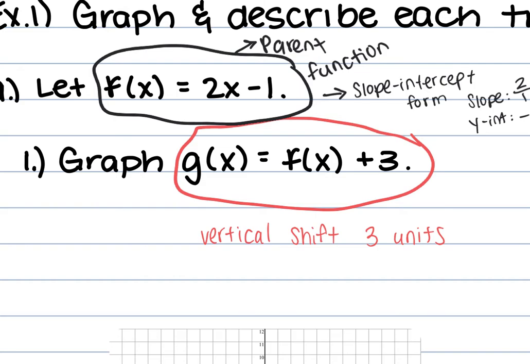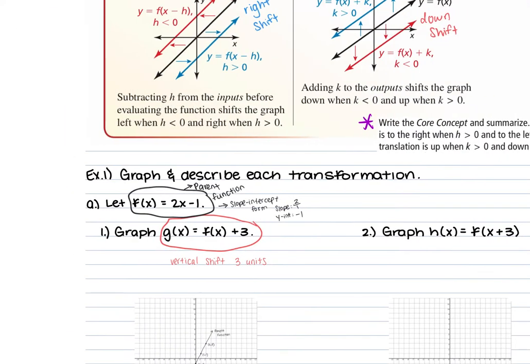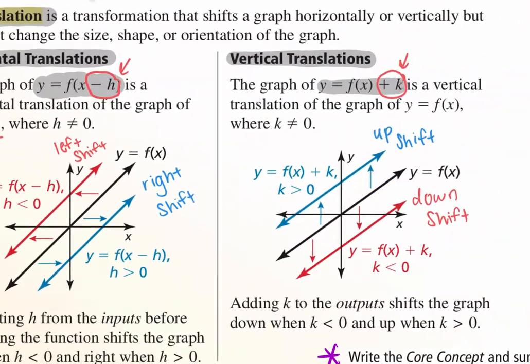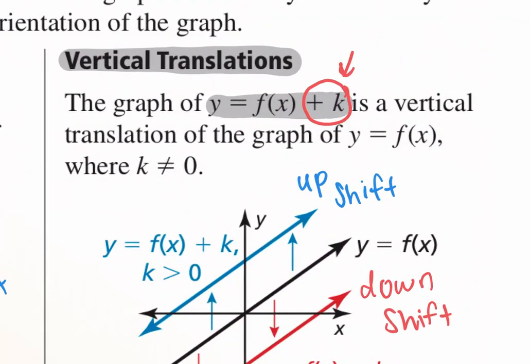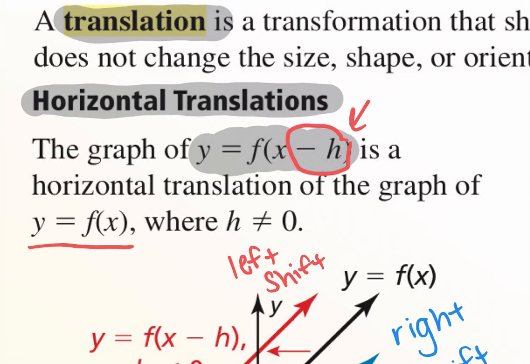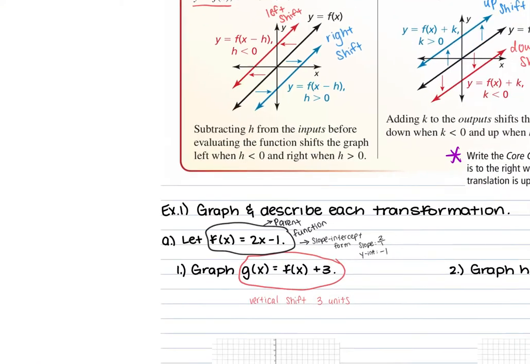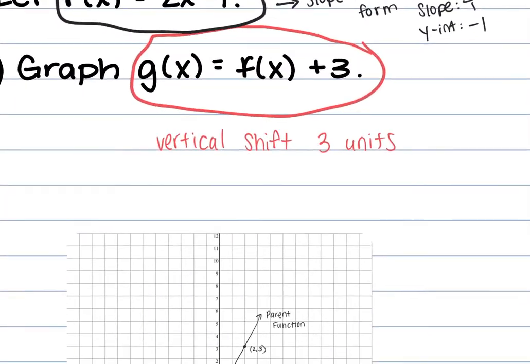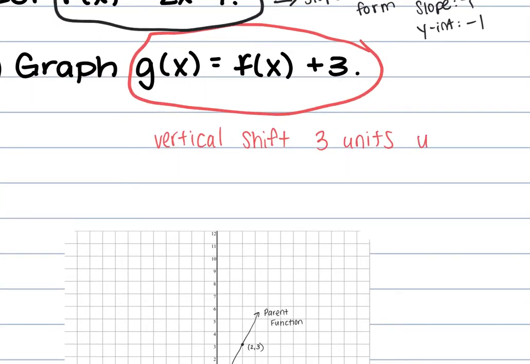So remember, look back up at our core concept. Do you see when it was plus k outside the parentheses? It's a vertical shift. When you are adding or subtracting something inside the parentheses, it's going to be a horizontal shift, okay? So this is going to be a vertical shift of 3 units up because it's +3 as well.